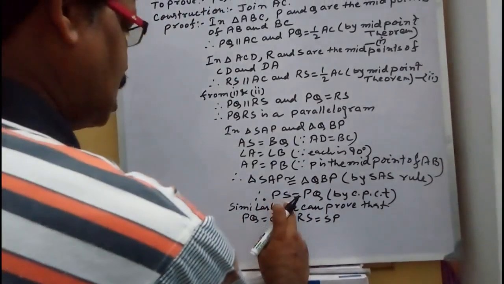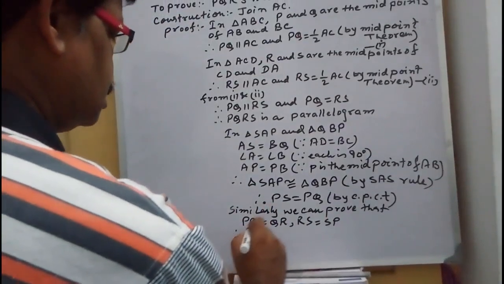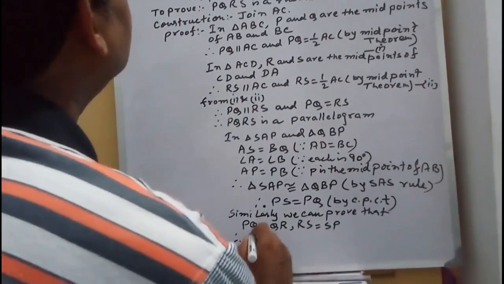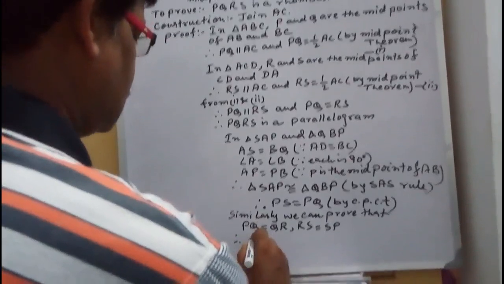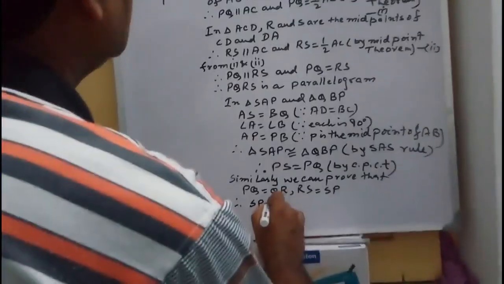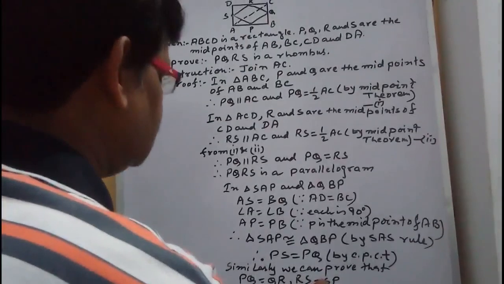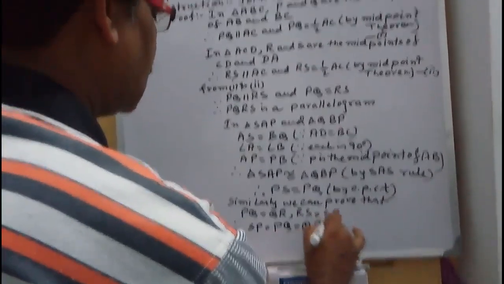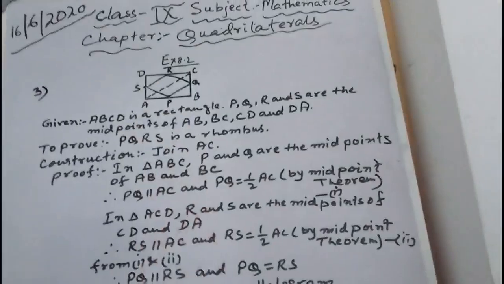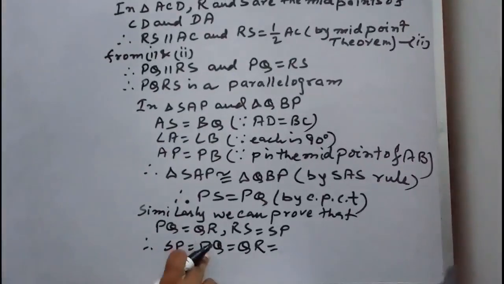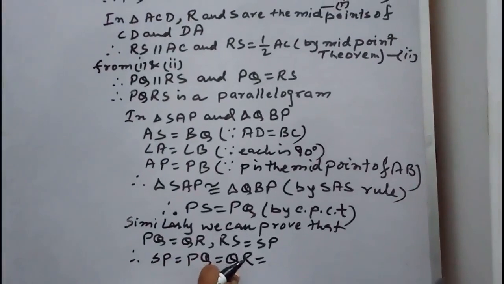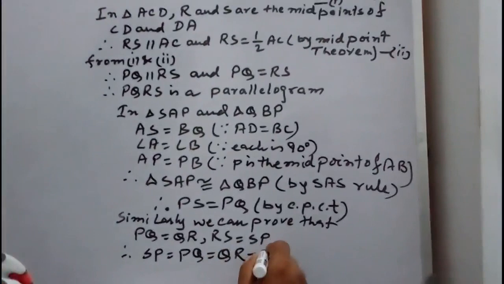So SP equal to PQ equal to QR equal to RS.